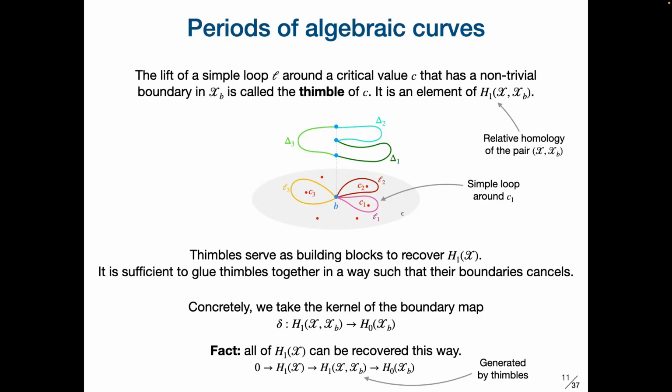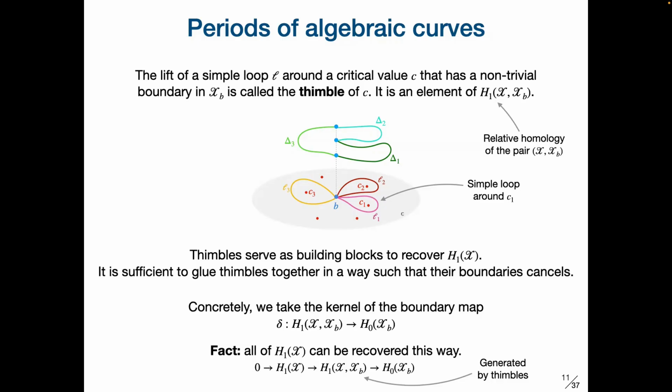And you can see that if you glue the thimbles together, then the boundaries match, and you get something which is closed now in your algebraic curve. So the nice thing here is that you can recover the entirety of the space of 1 cycles of your curve by doing this. You take thimbles, you glue them together in this manner, you will obtain a bunch of 1 cycles, and these are going to generate the entirety of the space of 1 cycles of your curve.